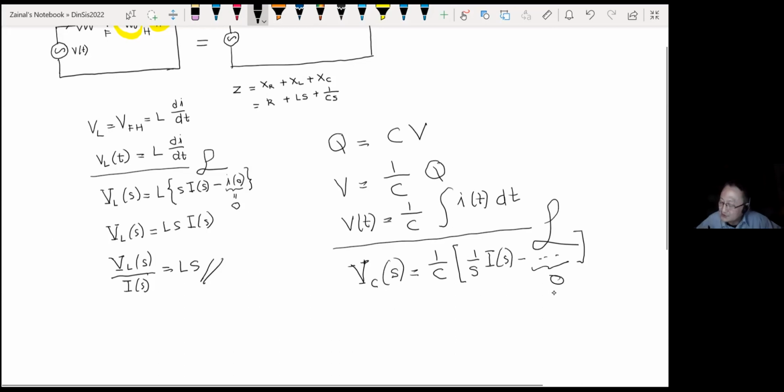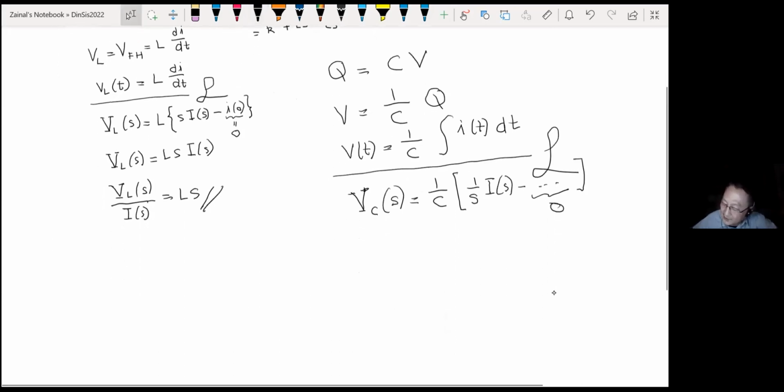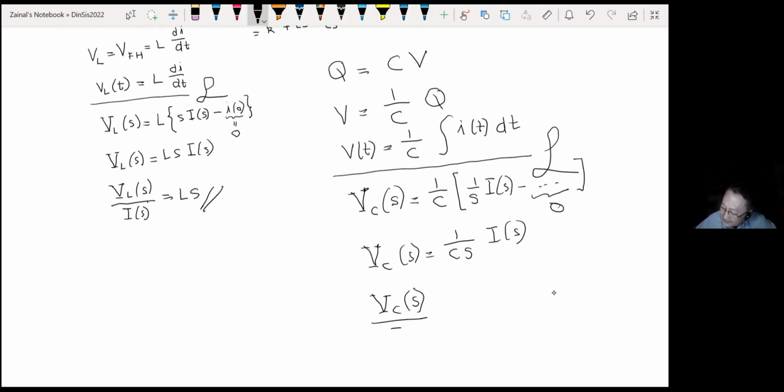Set this to 0, then you have VC(S) equal to 1 over CS multiplied by I(S). Therefore, this divided by I(S) is equal to 1 over CS.